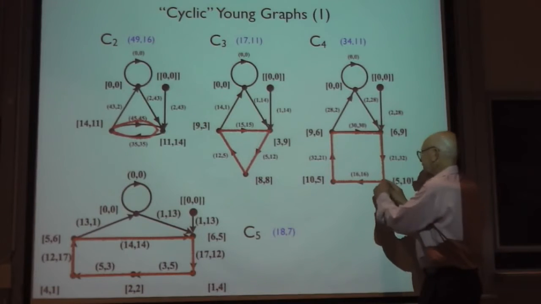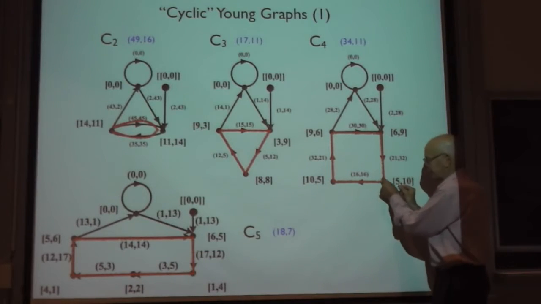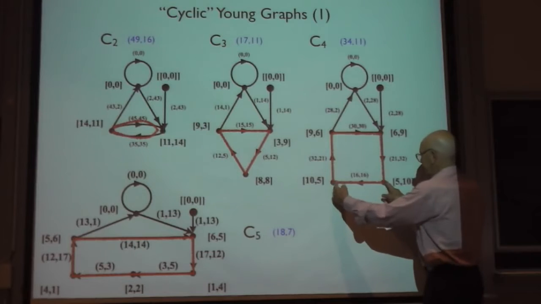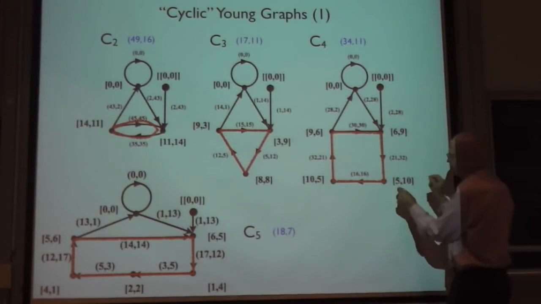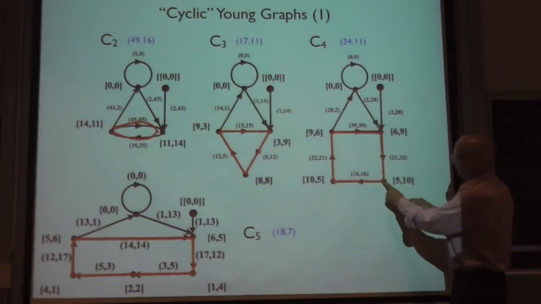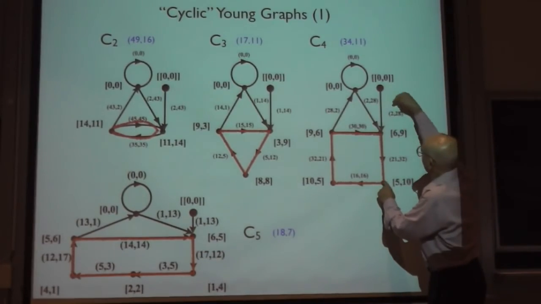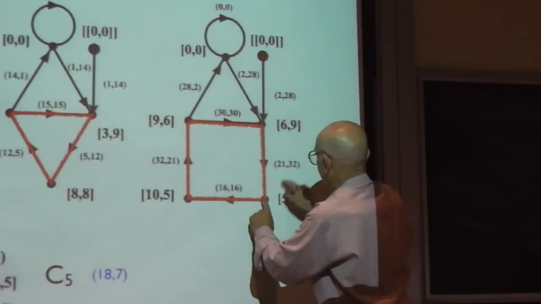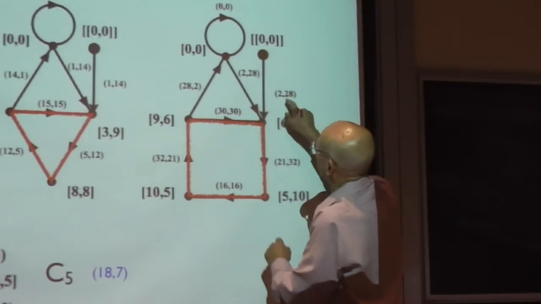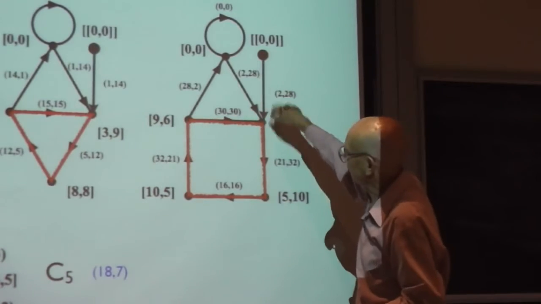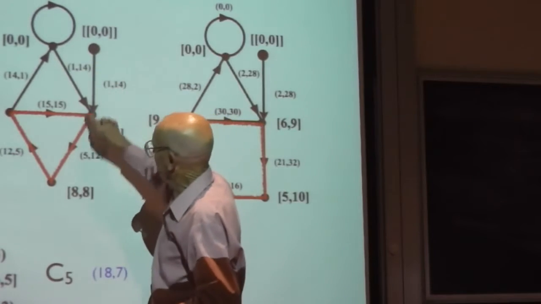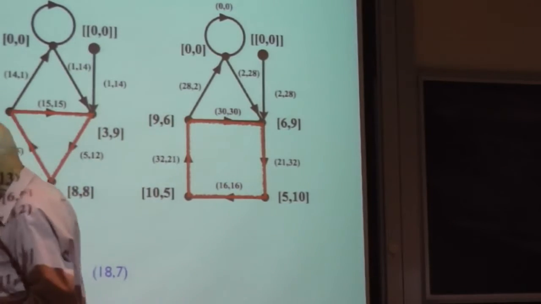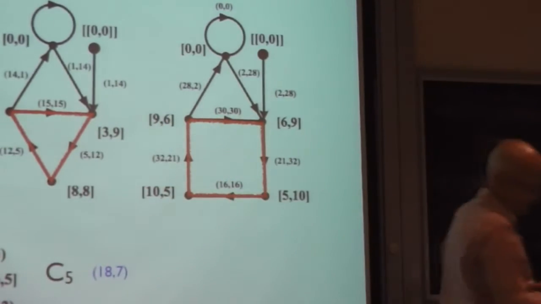No, I'm sorry, this is the first example you've seen of a pair of nodes, 10, 5, and 5, 10. This is an odd pivot node. So the reverse multiple you get is 2, 21, 16, and now you go back, 32, 28. I call that number gamma. That's the number, the smallest reverse multiple, and you can read it off the graph. So that's gamma.